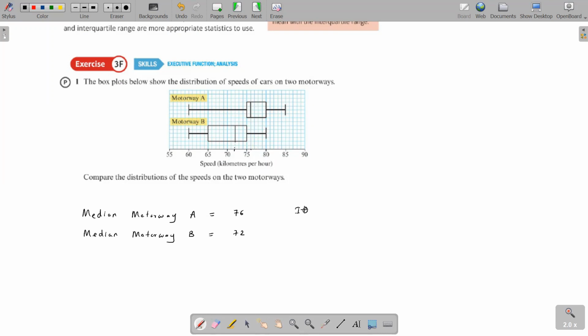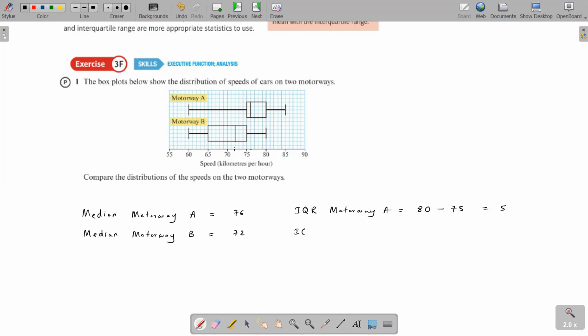And also let's get the interquartile range. Interquartile range for motorway A is Q3 minus Q1, right? Taking motorway A, Q3 is 80 minus Q1, which is 75. So that gives me the answer 5.